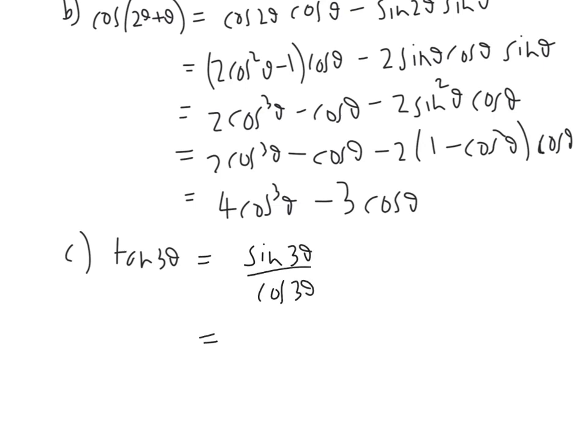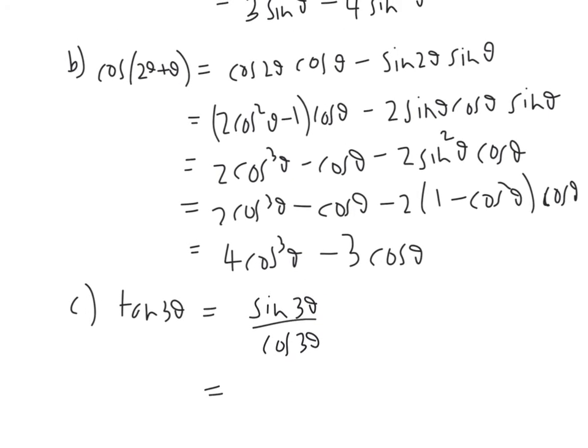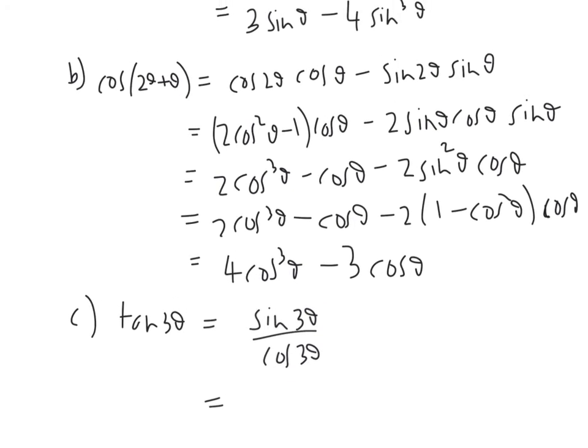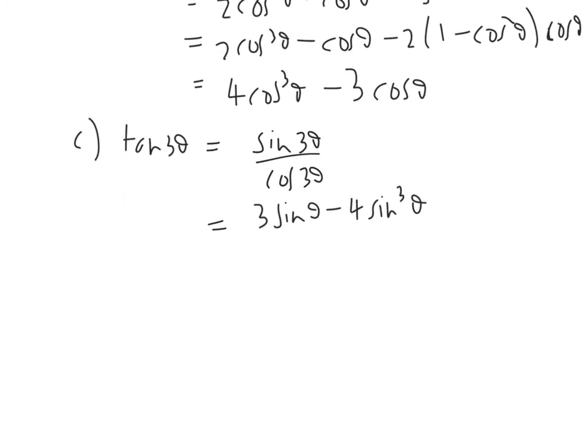Sine 3 theta is 3 sine theta minus 4 sine cubed theta. And cos 3 theta is 4 cos cubed theta minus 3 cos theta.